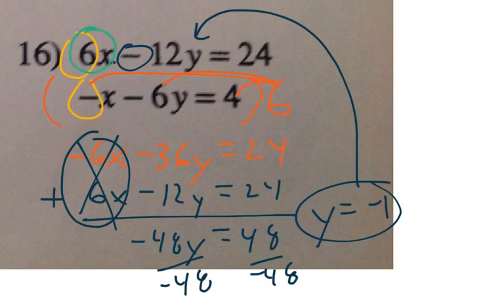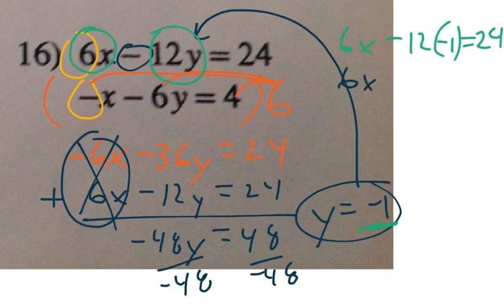We got 6x minus 12y, but we now know y is negative 1, right? So 6x minus 12 times negative 1 is plus 12, equals 24.